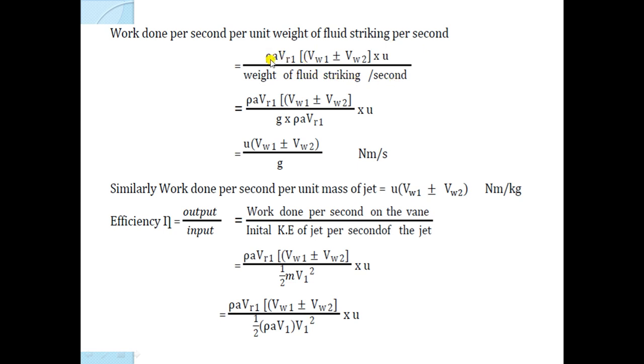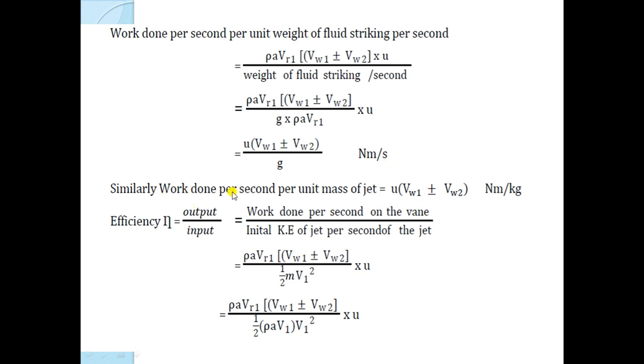If we substitute the values, work done per second is rho a Vr1 into Vw1 plus or minus Vw2 into u, and weight of fluid striking is nothing but mass into acceleration due to gravity. If we simplify, we get Vw1 plus Vw2 into u divided by g. The unit is Newton meter per second per Newton.